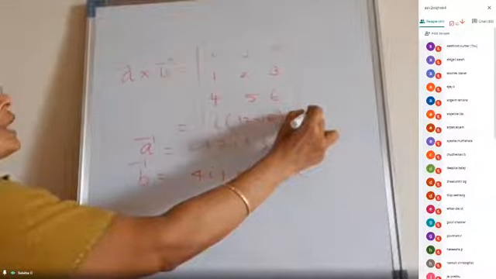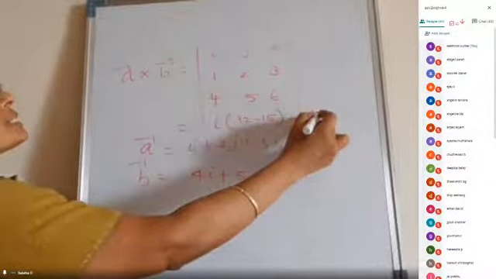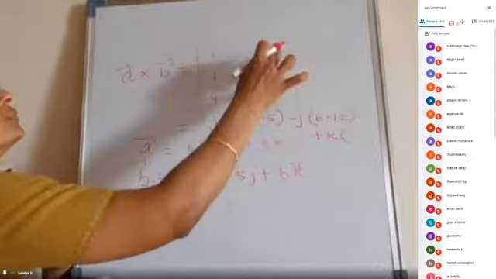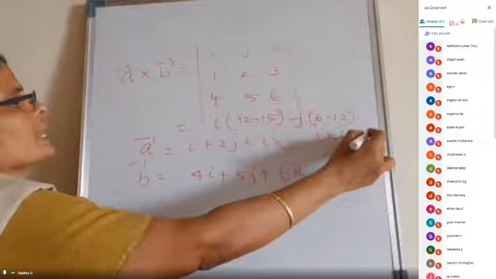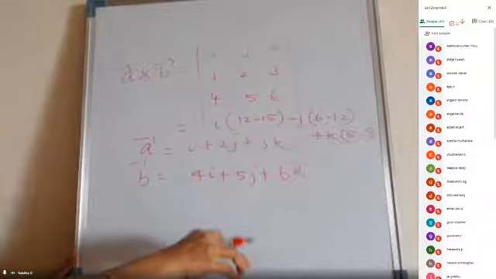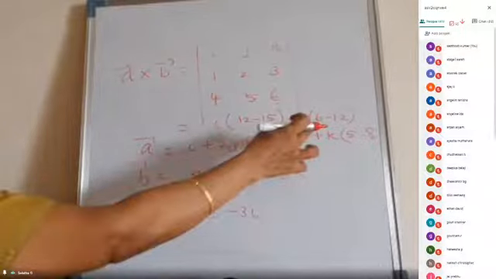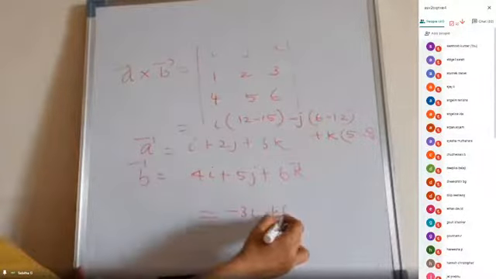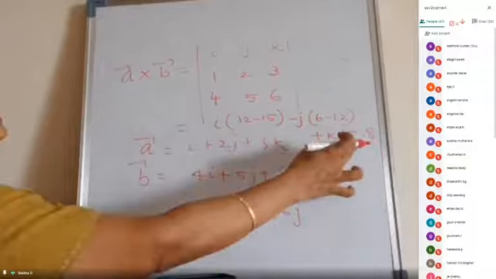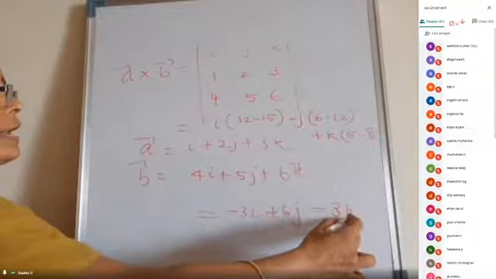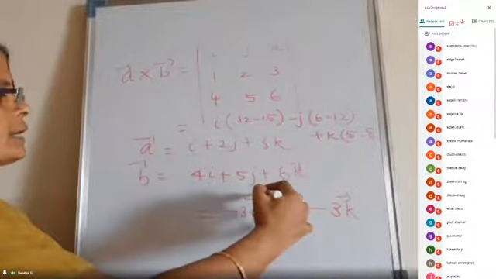Minus j of 6 minus 12. Plus k of 5 minus 8. So what will you get? You get minus 3i. Here minus 6, so plus 6j. Here minus 3k. This is called A cross B.